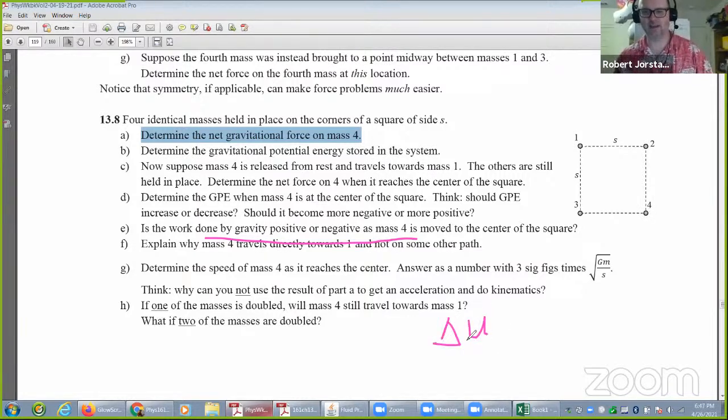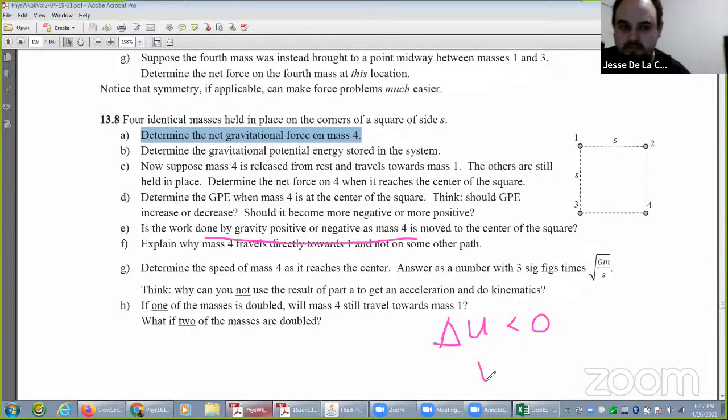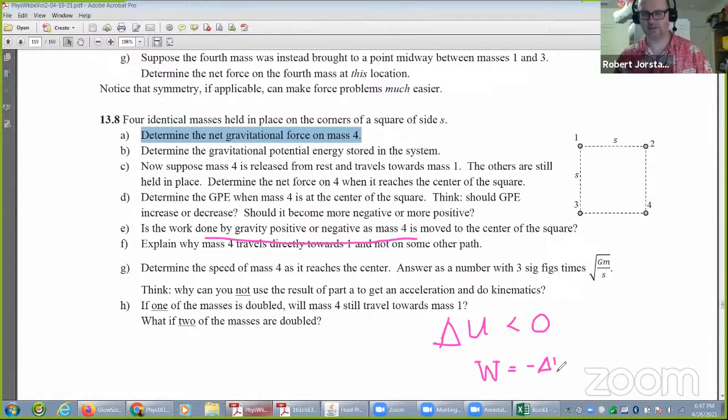Was it positive or negative? It was negative. How do we define work in a physics class? It's equal to minus the change in potential energy. So the work done is greater than 0.